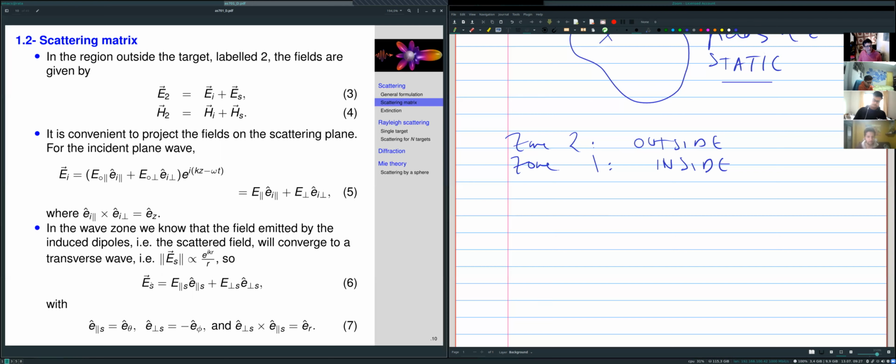and likewise for the scattered electric field. Once we're far away from the target, the scattered field would be in the wave zone. So the waves would be transverse and spherical. The amplitude of the scattered electric field will look like 1/r. And we decompose it into these unit vectors defined in terms of the scattering plane.